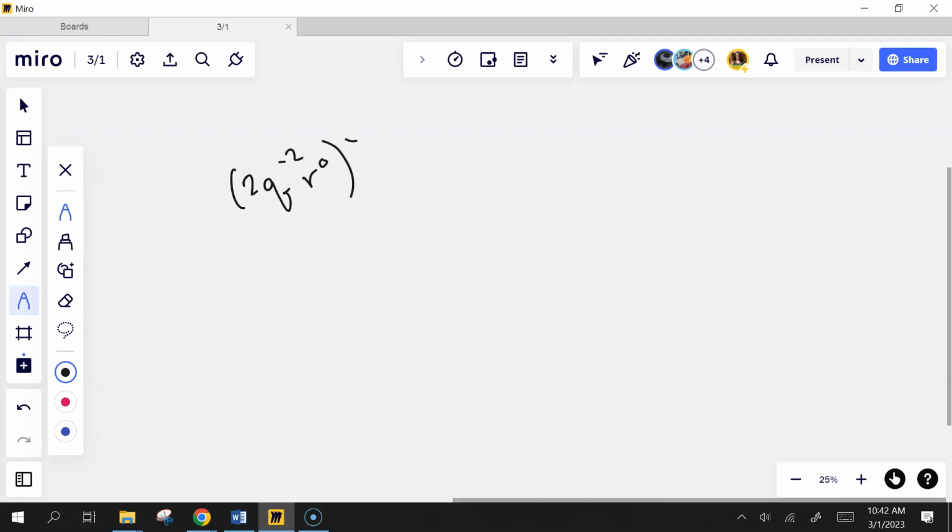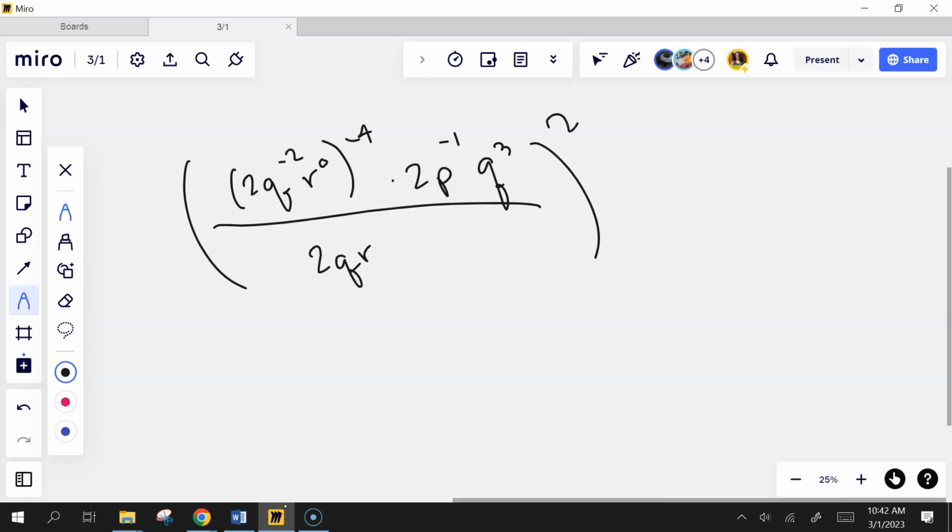R0. 2p to the -1. Most of our problems are not this involved. 2qr and then 2. All right, I'm gonna start working inside. Then I'll move to the outside. Let's see. I think I shall do this first. And let's see what happens. I end up with 2 to the -4, q to the 8.